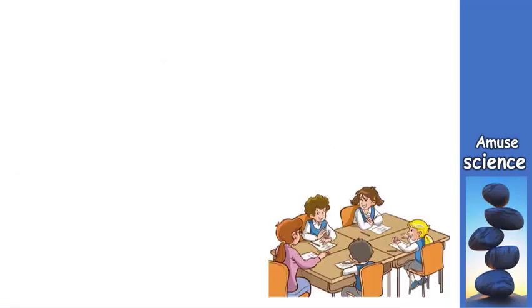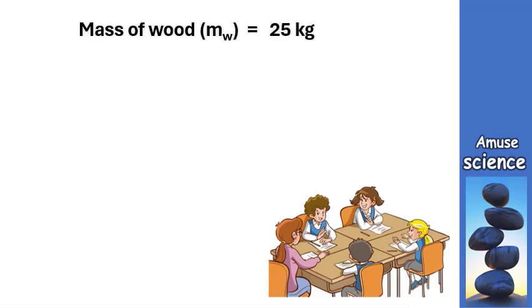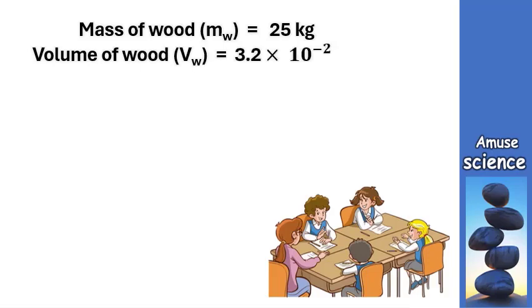First of all, let's put down the information given in the question to help us analyze it well. We have been given that the mass of the wood, which we are going to represent by MW, is equal to 25 kilograms. Also, the volume of the wood, which we are going to represent by VW, is equal to 3.2 times 10 exponent minus 2 cubic meters.